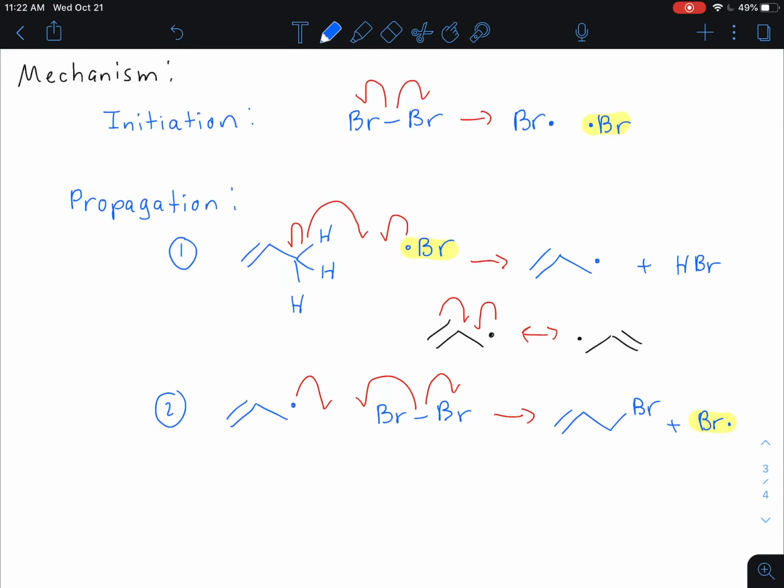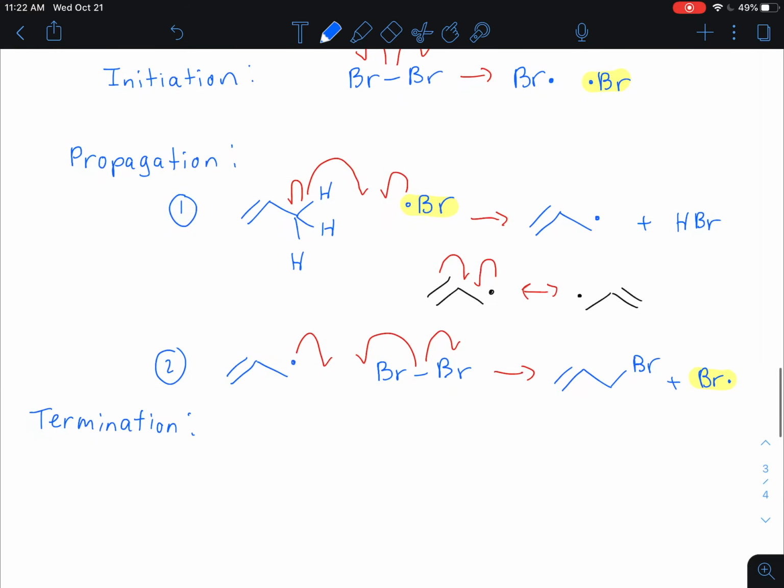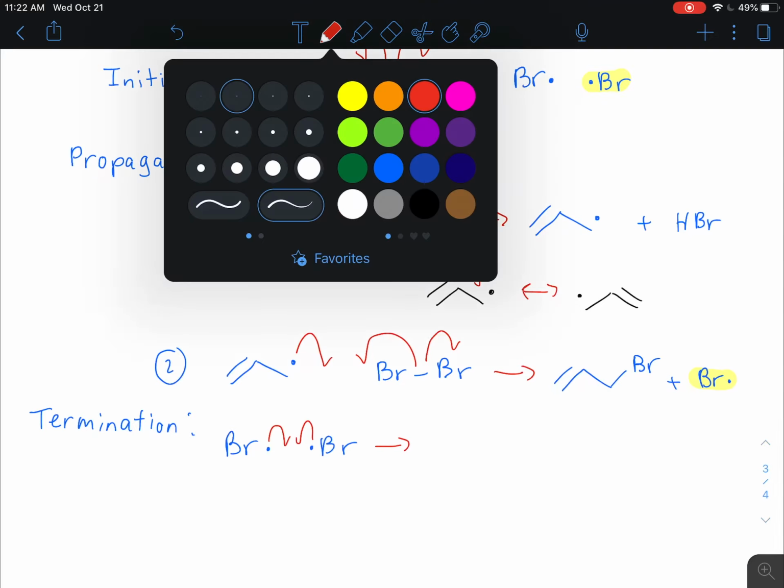What about for termination? Well, there are a lot of options for a reasonable termination step. The easiest one is just the opposite of initiation, where we say, well, if we no longer have bromine radical, then that's going to drop us out of the cycle of converting reactant into product.